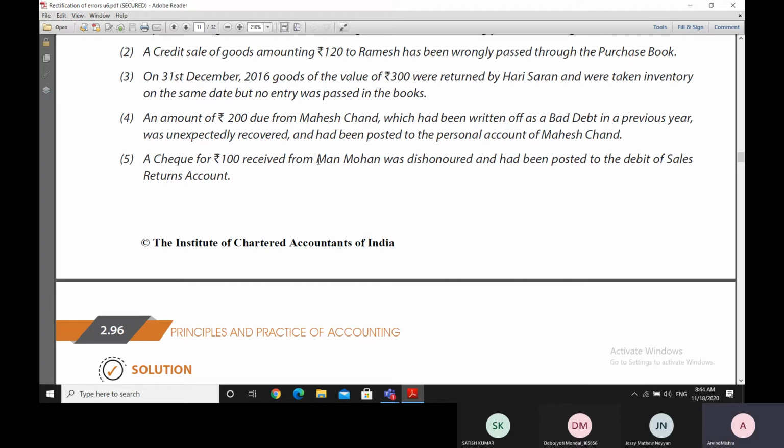Now what happens is that the check gets dishonored. Now when that check gets dishonored, we are supposed to debit Manmohan again, because the check is getting dishonored. So in that case, we are supposed to debit Manmohan in respect of that dishonor of the check.